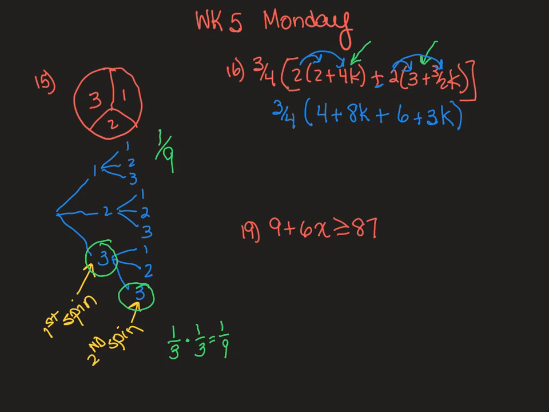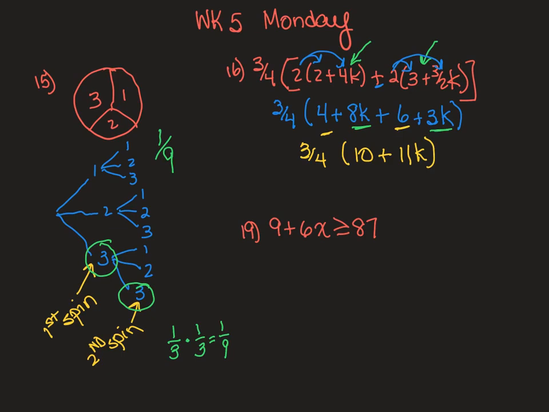Okay, so I'm going to be looking for combining like terms. And so I'm looking here, and I have 2 sets of k's, and I have 2 numbers. So now I have 3/4 times 10 plus 11k. And I'm going to let you finish that and choose the right answer from the answers that are in your packet.